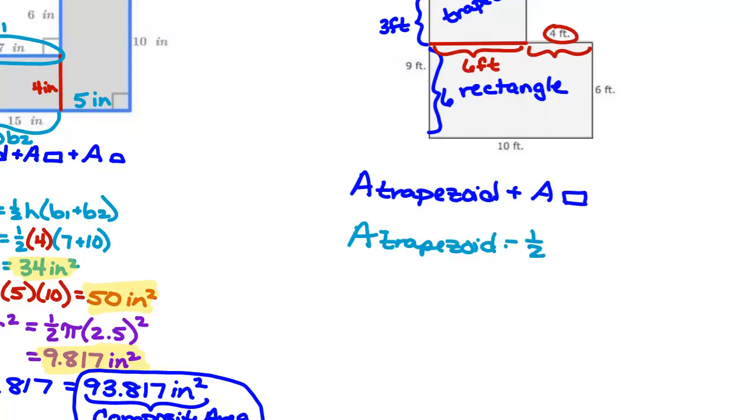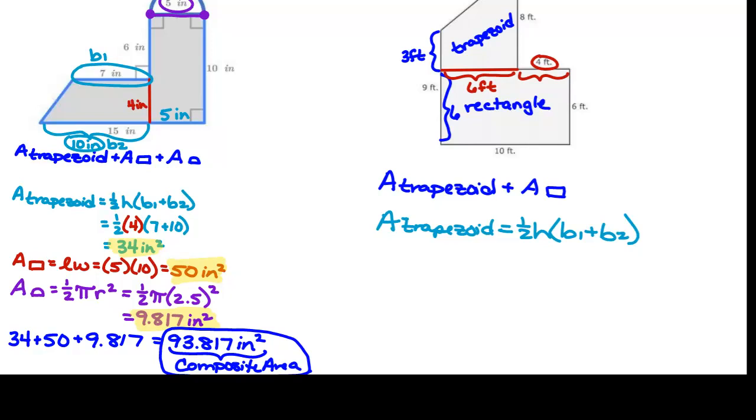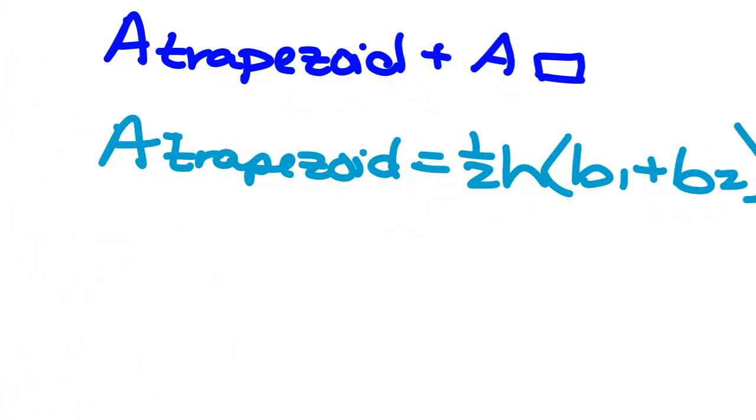is 1/2 height times base 1 plus base 2. The height of the trapezoid is the distance between the two bases. What is the distance between the two bases on this trapezoid? 6, yes.